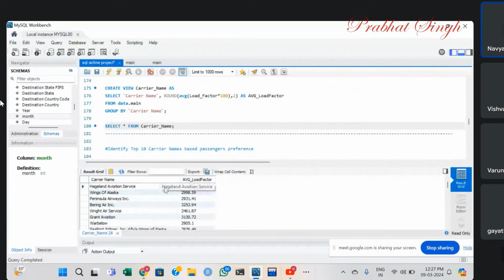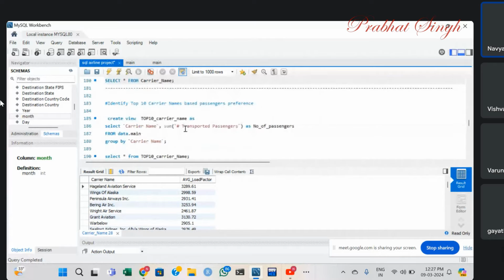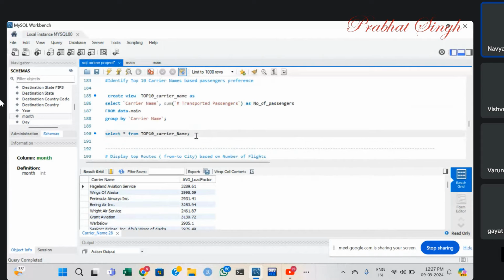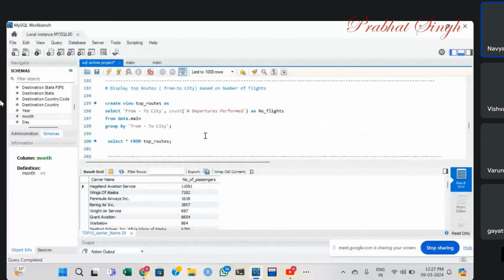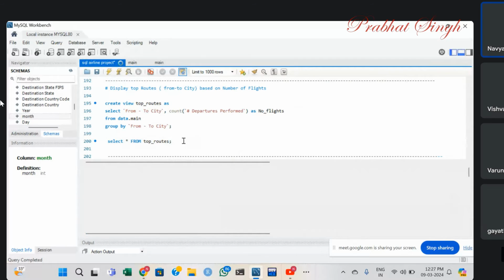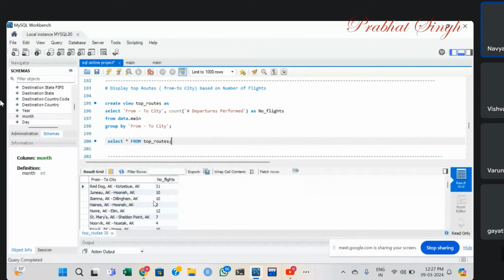This is the output I got. The fourth KPI is the top carrier-name-based passenger preference. Next is to display the top routes from city to city based on the number of flights, and here is the output.